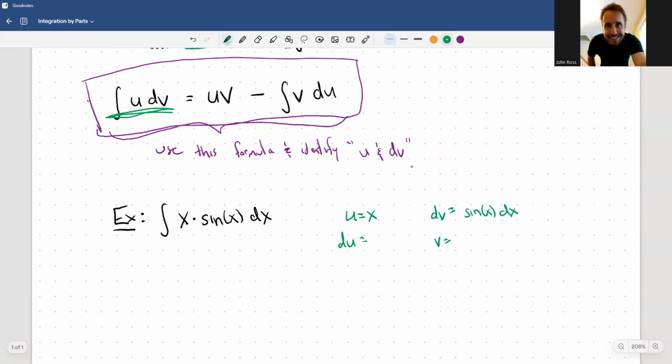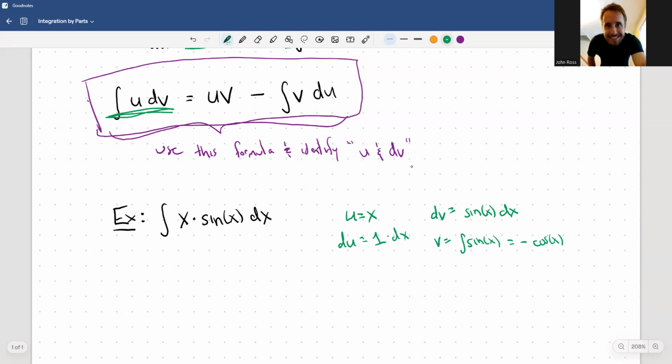In other words, if our u is this expression x, then our du has to be the derivative of that, which is just 1 dx. And if our dv was sine of x dx, our v should be an antiderivative of sine, which is going to be negative cosine.